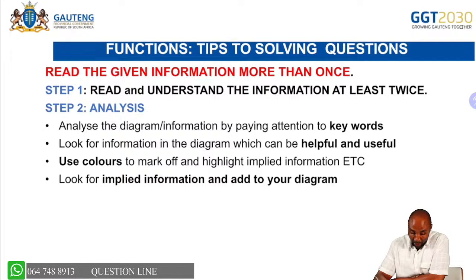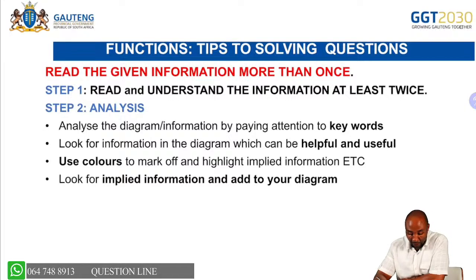Please, we read the question and understand the information before looking at the questions. There is always a statement that is given there. Let us not jump into answering questions without reading all the information that you are given there. We analyze the diagram or the information.